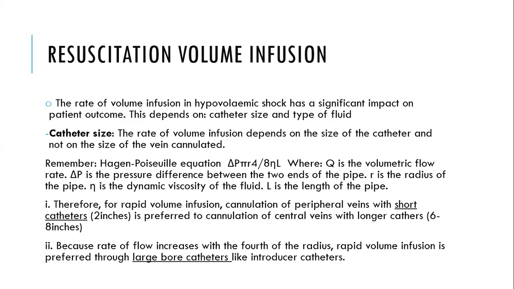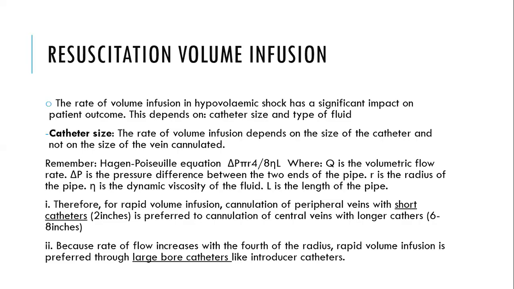If you remember the Hagen-Poiseuille equation, the flow Q is equal to the change in pressure times pi times radius raised to power 4, divided by 8 multiplied by the viscosity of the fluid and the length of the catheter.